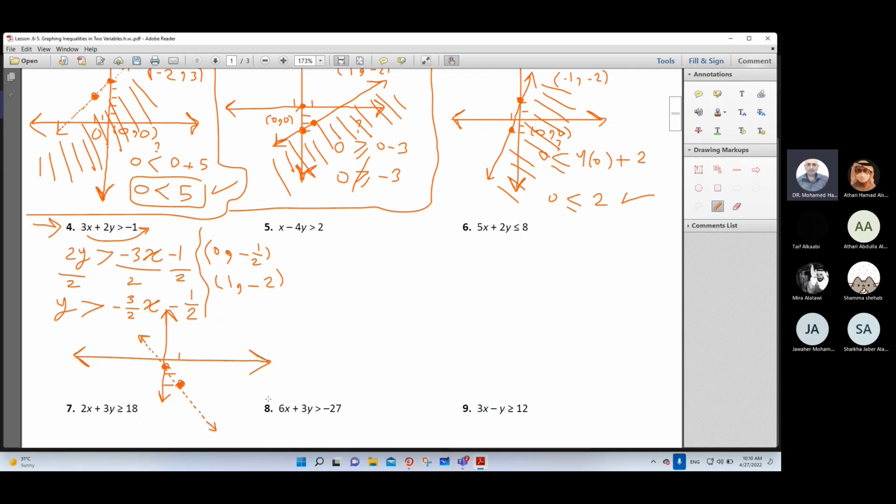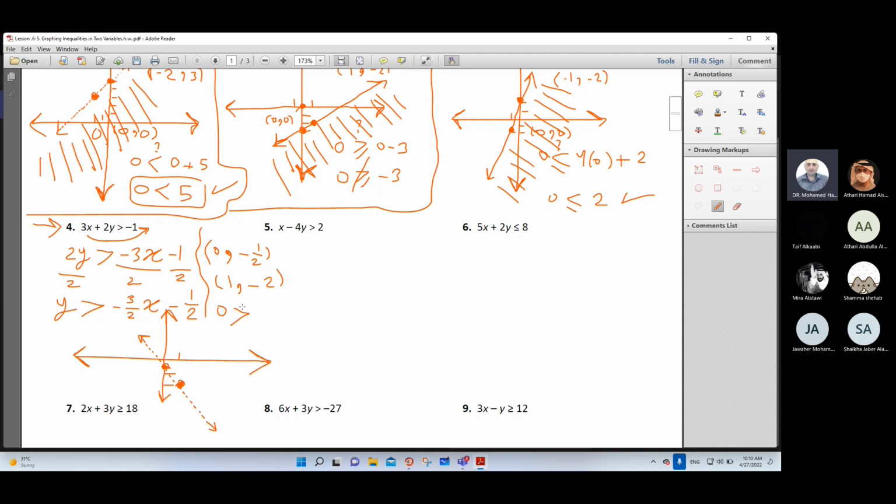Now we want to determine the area of the solution. Take the origin and do a test. You can try in the first form, and you can try in the second form, no problem. In the first form, for example, the value of y will be 0.